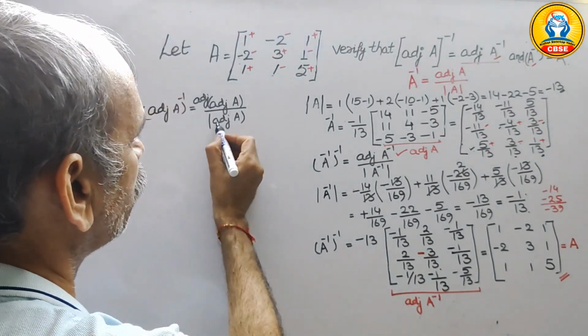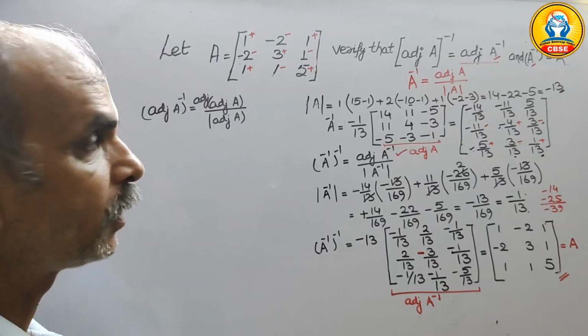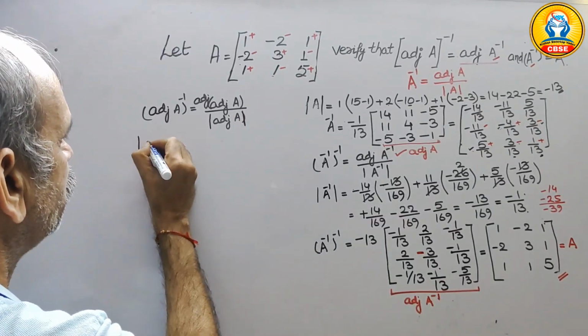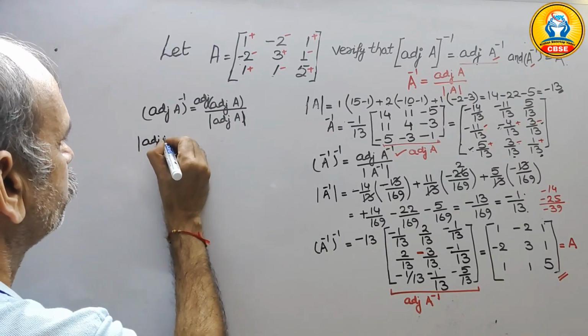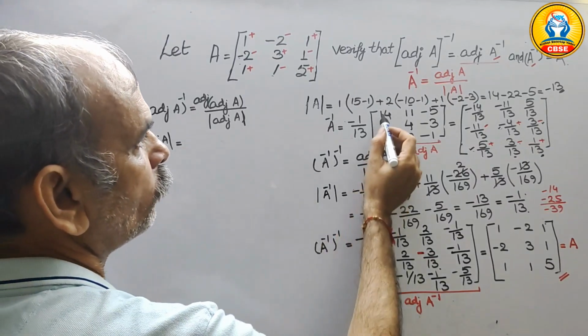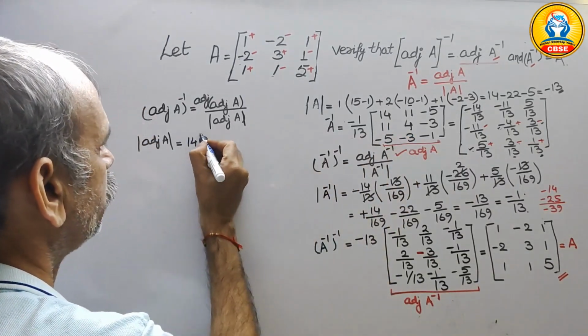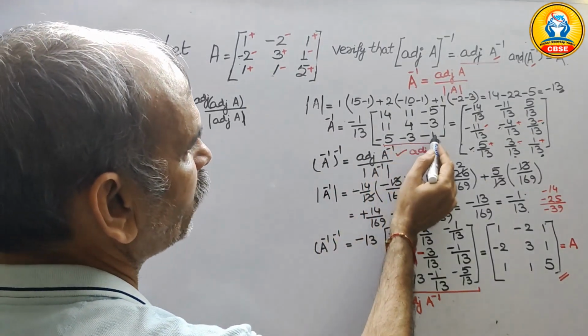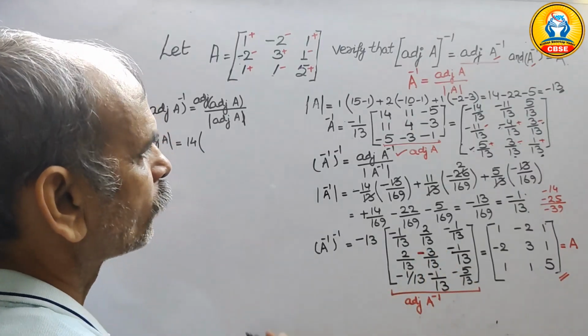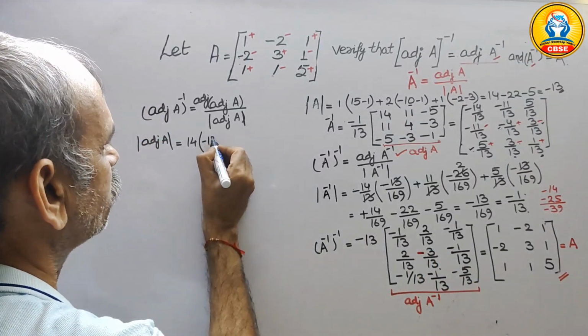So first we will go for adjoint A and that is determinant. So determinant of adjoint A is equal to, now, 14 into minus 4 minus 9 is minus 13. So we will get minus 13 here.